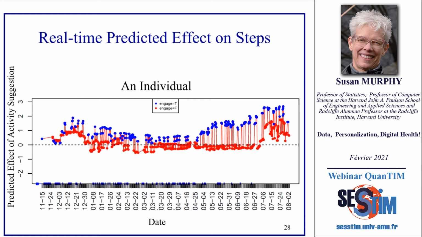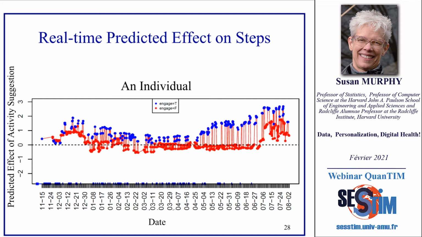Blue means the individual has been looking at the app without us prompting them, tracking their behavior. Red means the individual has not been looking quite as much. And what you see is the algorithm is predicting that the treatment effect is going to be higher when the individual is engaged. And this prediction continues to go forward in time. In other words, as evidence accrues, the prediction continues to hold because it keeps getting updated.